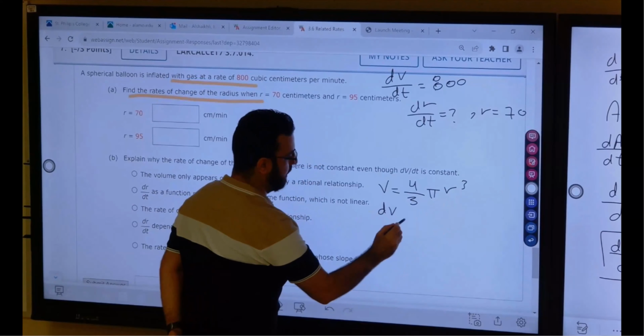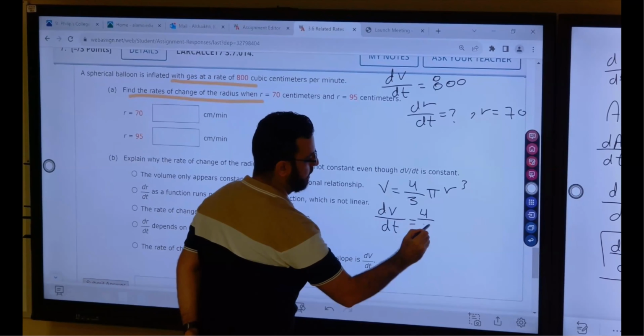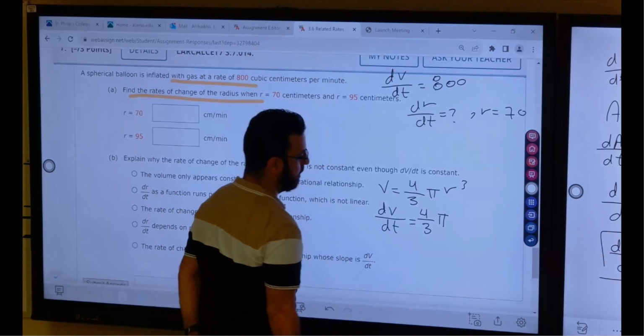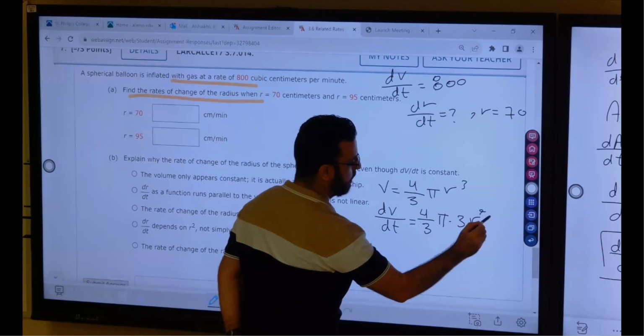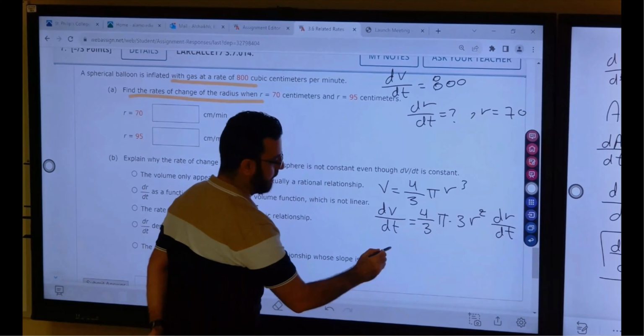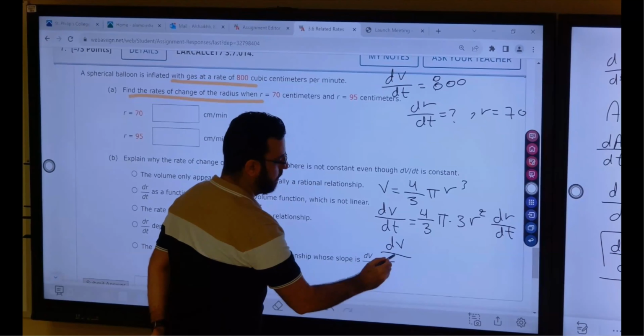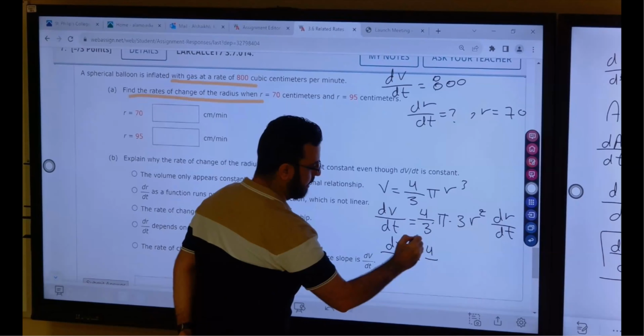That means dV with respect to the t equals 4/3 pi times 3 radius squared dr with respect to the t. That means dV with respect to the t equals what?